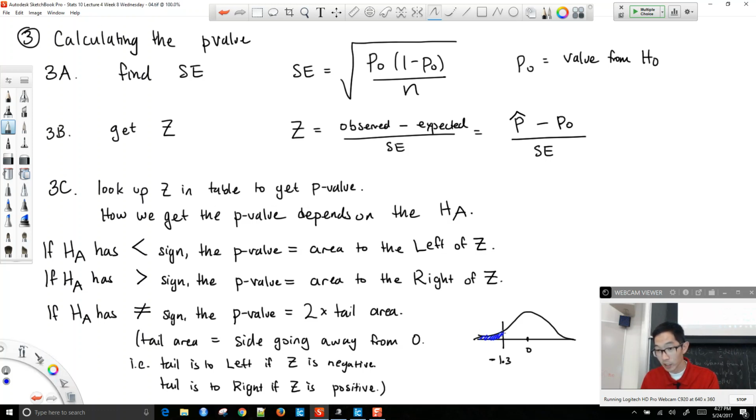It's going to be this side. This is the tail. But if you have a positive z, and so we have 0, and then we have positive 2.1, then the tail area is going away from 0. It's to the right. This side is the tail. Is that okay? So the tail is to the left if z is negative, the tail is to the right if z is positive.